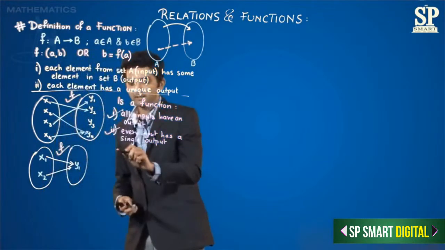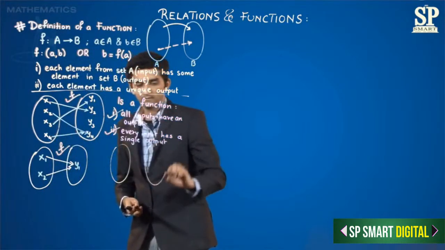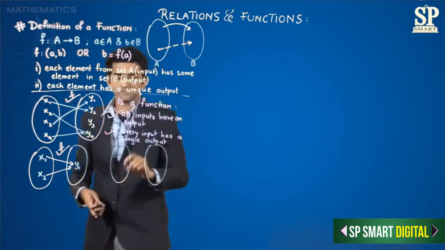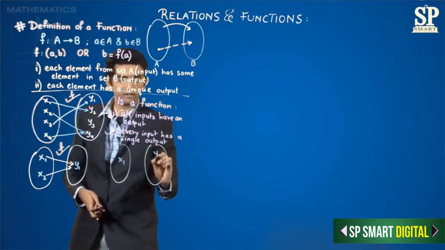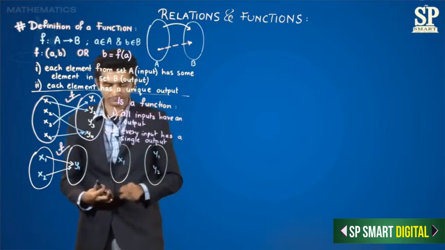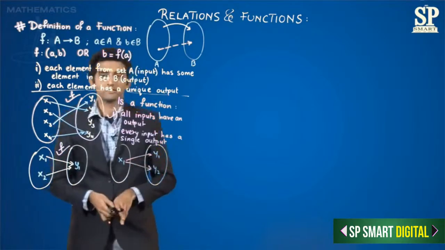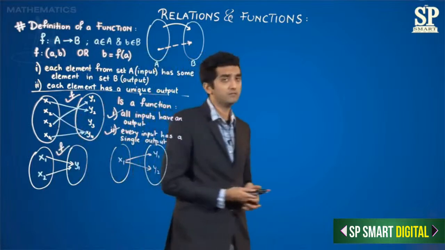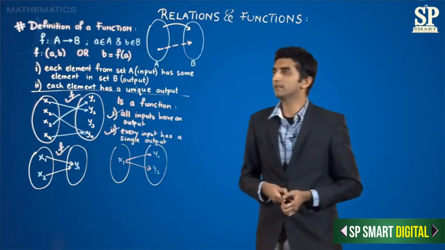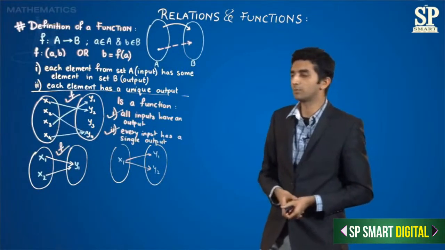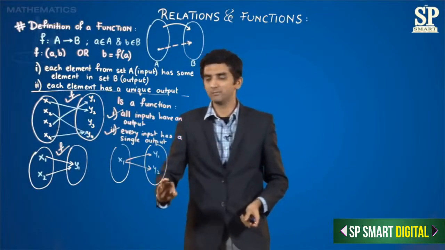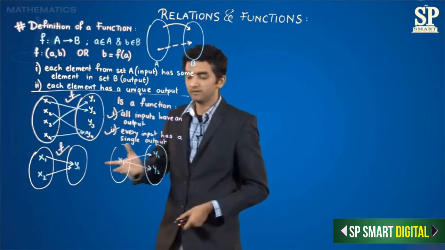Now just taking another example, in this case, let's say you have x1, and you have y1 and y2 over here, and I connect like this and like this. Is the first condition getting satisfied? Yes, it is, because each element from set A has some output, and x1 is the only element in set A and it is having some output.